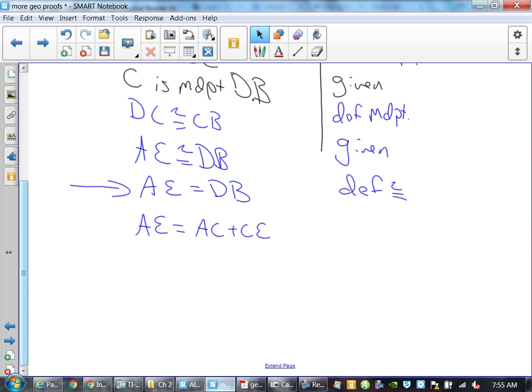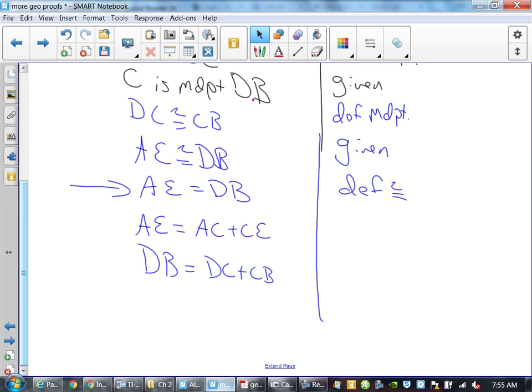And DB was made up of DC and CB. And these are both angle addition. Are we okay with that?